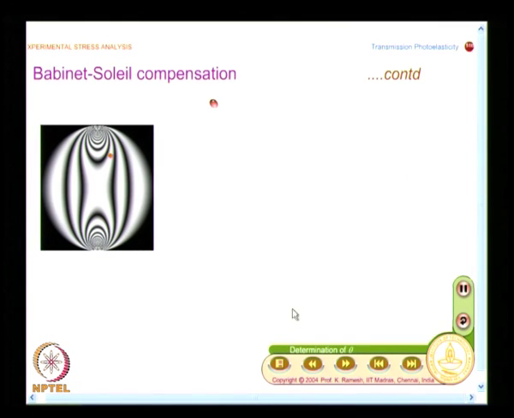And how do we go about it? See, I have kept the same point for which we found the fringe order by plotting a graph earlier, and we will find the fringe order for this point by using Babinet's-Soleil compensator. See, when we drew the graph, you did not find the isoclinic at the point of interest.